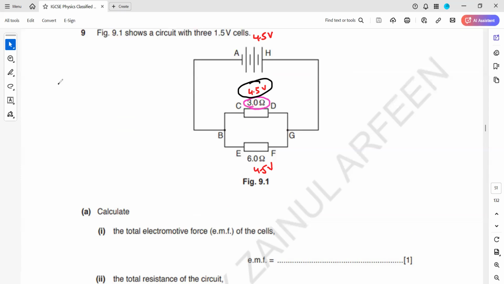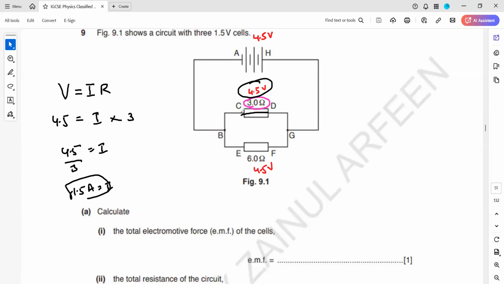V over R. So Ohm's law, V equals IR. Voltage is current multiplied by resistance. This formula is used for almost all the questions of electricity. So it's a very important formula, V equals IR, where V is the voltage, which is 4.5, I is the current, which we don't know, and R is the resistance of this component, that is 3. 3 is multiplied here, so the other side will be divided. So 4.5 divided by 3, what will we get? We'll get 1.5 and the unit will be ampere.